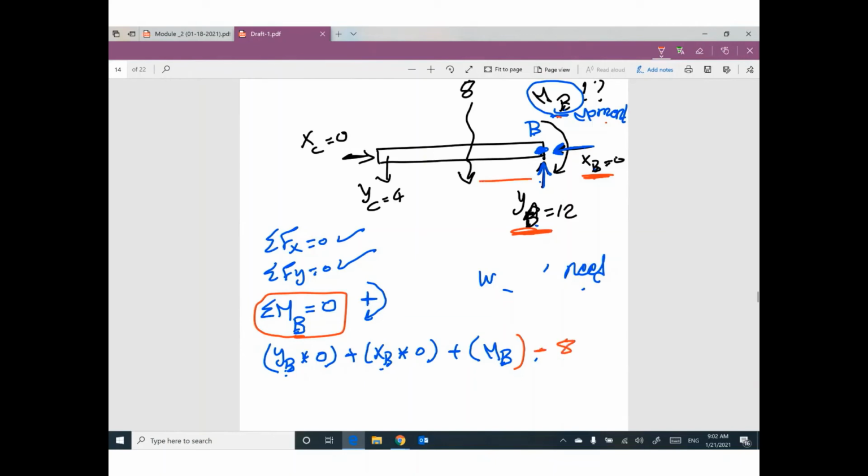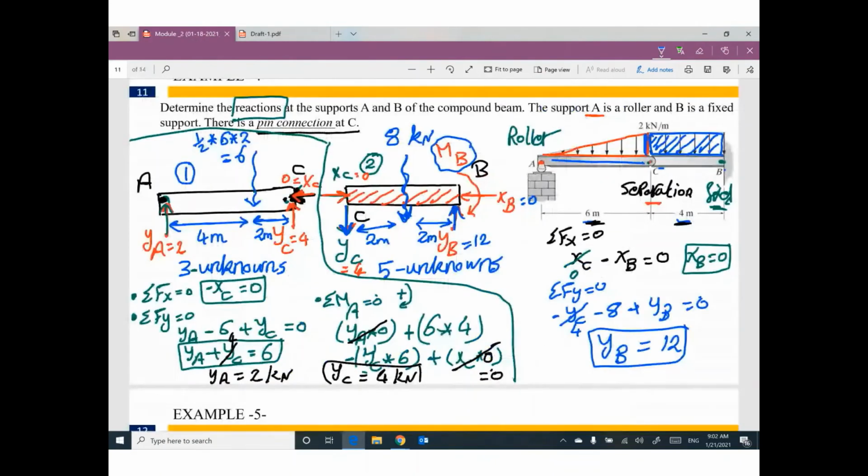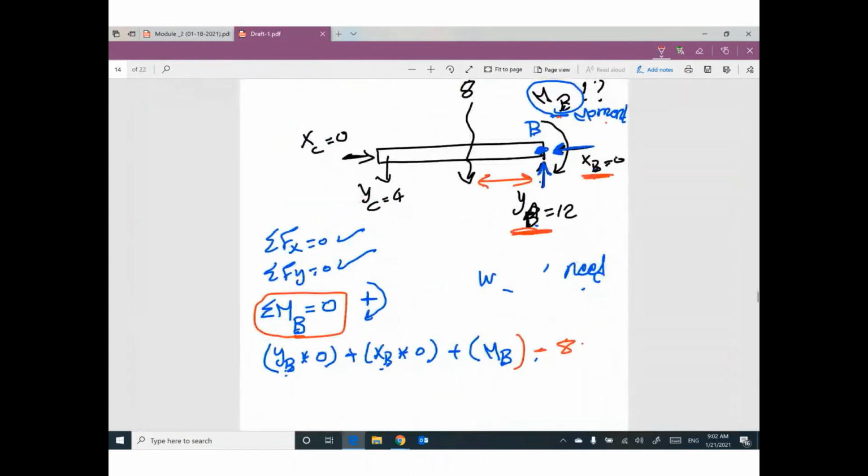Negative 8 times this horizontal distance, how much? 2. You have to consider everything in the problem. If you are taking moment at B, we need to consider these reactions, this force, this one, and this one. What else? Negative YC, which is 4, times the total distance will be 4. This total distance will be 4. What else? XC times 0.